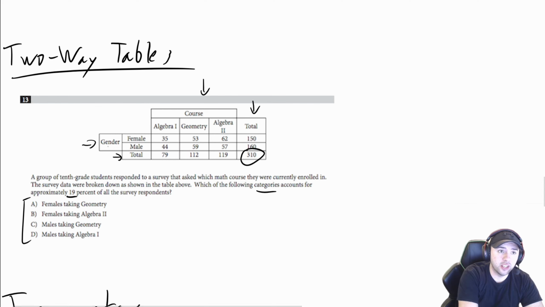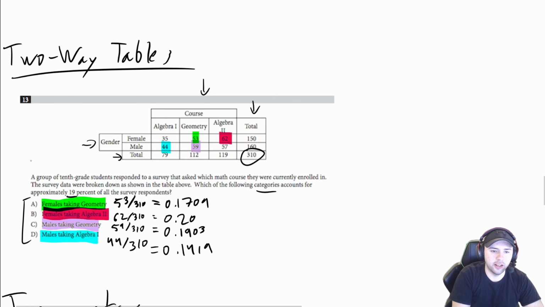So for females taking geometry, we have the female row and the geometry column, so that's 53. So we're going to do 53 divided by 310 and see if that equals 19. And to save some time, I'll just write down all of these real quick.